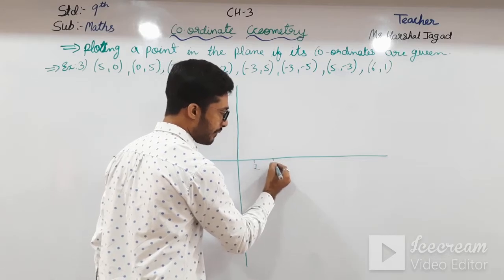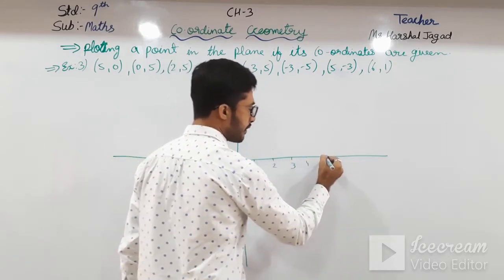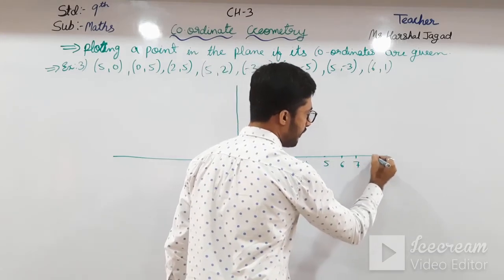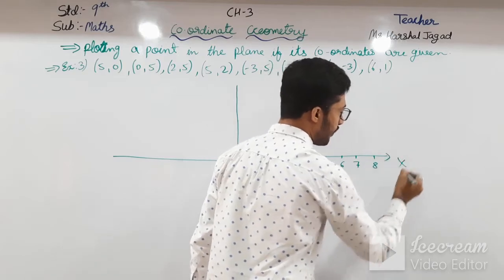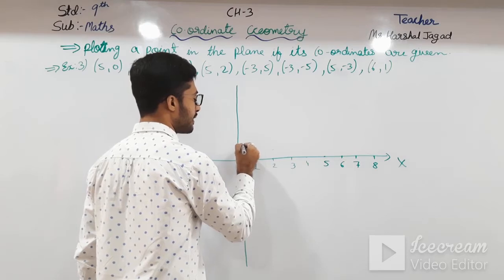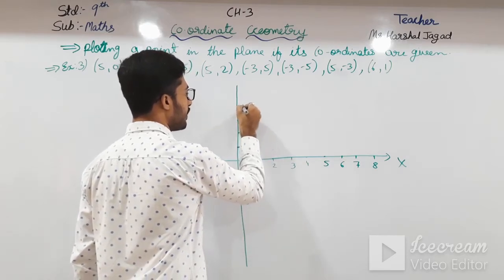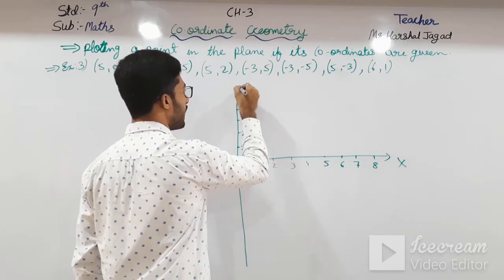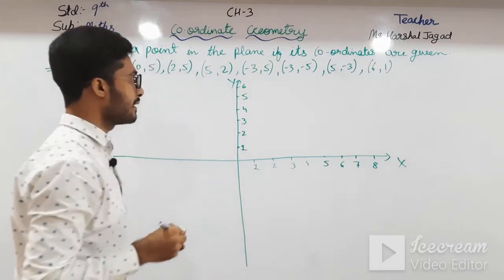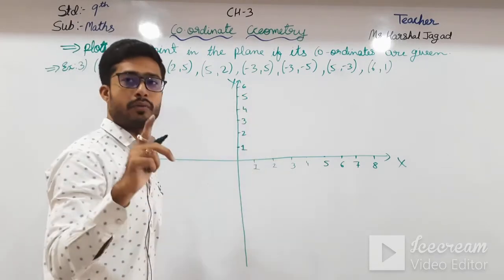Again 1 centimeter, 2, then 3, 4, 5, 6, 7, 8. This is the positive x-axis. Now drawing the positive y-axis, that is 1, 2, 3, 4, 5, 6. Okay students, that is the y-axis. In this also you have to take 1 centimeter gap equal to 1 unit.